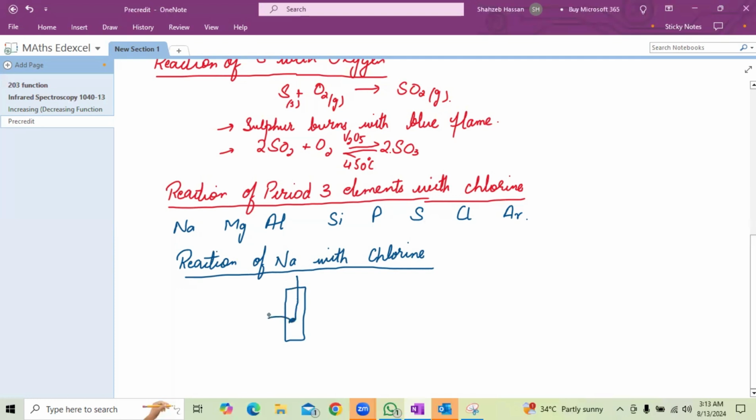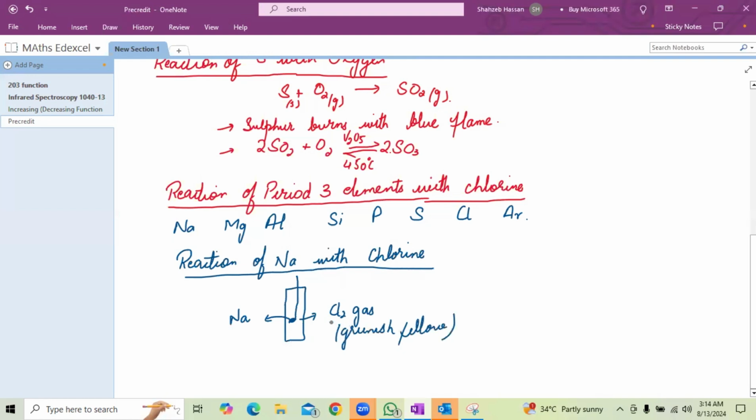This is sodium. So I have put sodium here, and there is a gas present inside, that is Cl2 gas, and it is going to have a greenish yellow color.